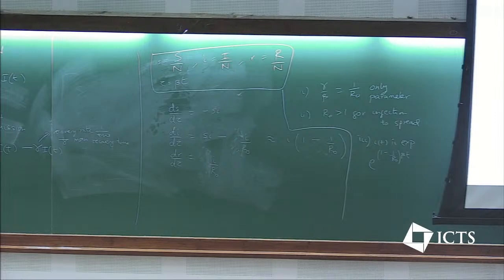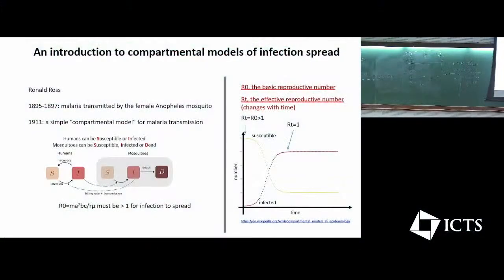So remember, I had told you about R naught and R of t, the current one, right? So in any of these infections, R naught just tells you the very beginning. And then usually the susceptible population goes down, so your effective reproduction number starts to go down.